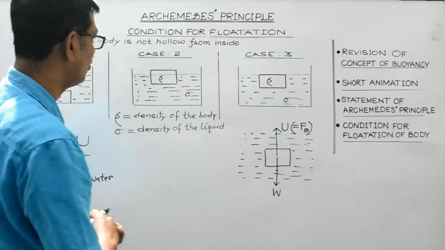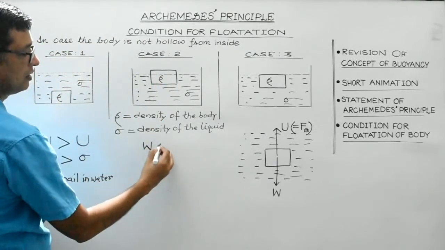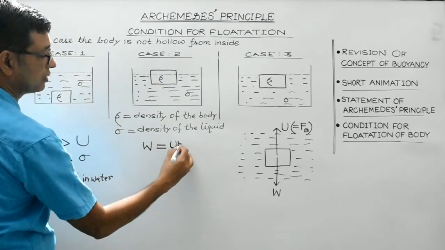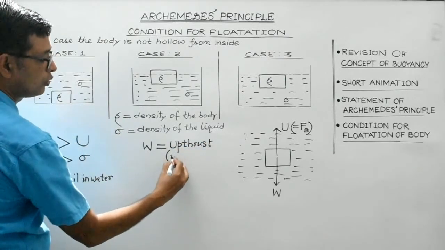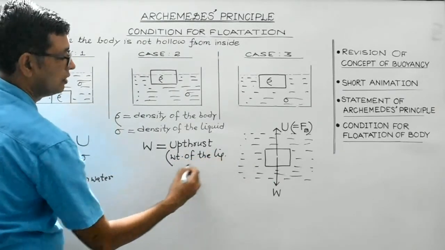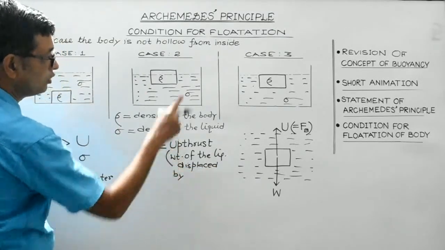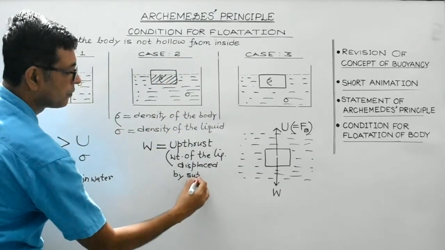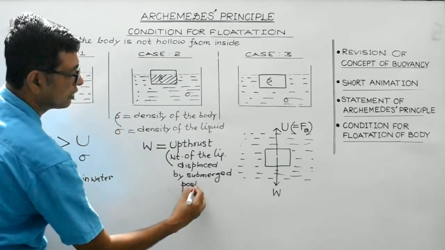This is possible only when the weight of the body is equal to upthrust, which in this case would be equal to the weight of the liquid displaced, not by the entire body, but by the submerged portion of the body.